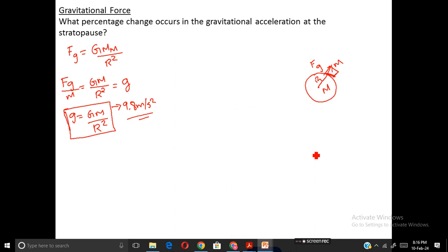Suppose we are considering our atmosphere, and the parcel is at a height h. So this is the air parcel, at a height h. This is r, this is h. This is the total distance between these two objects.